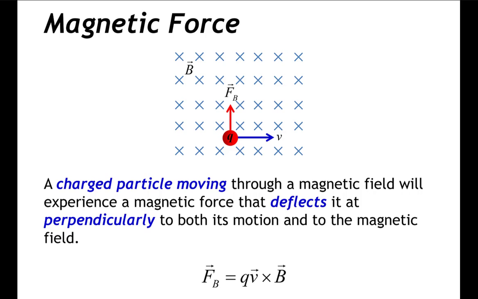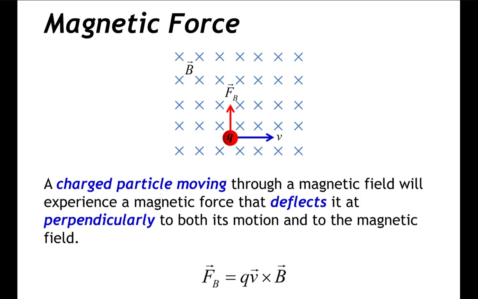So that means that this magnetic force will deflect the particle from its path, causing the particle to turn, but since it's always at the right angle to the particle's velocity, it will never cause the particle to speed up. That magnetic force is equal to the product of the particle's charge and the cross product between its velocity and the magnetic field.